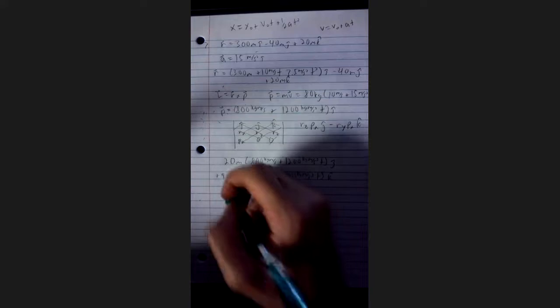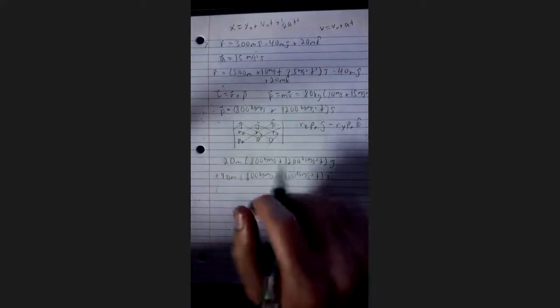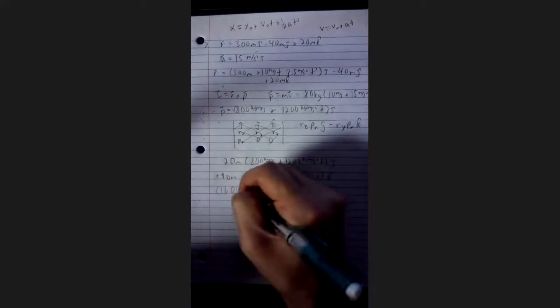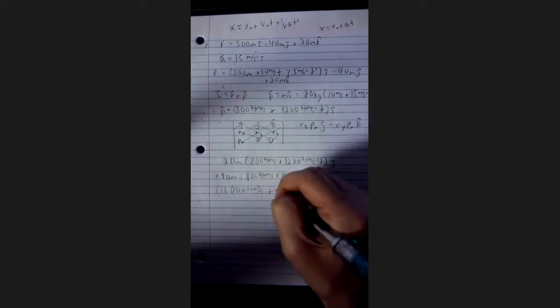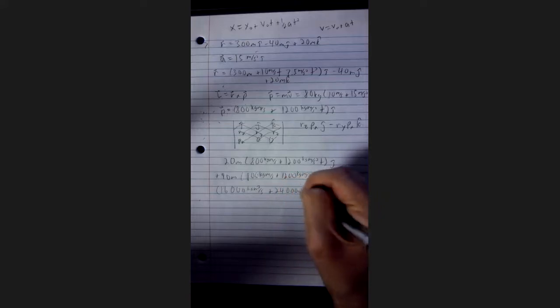So what are we left with? We have 16,000 kilogram meters squared per second plus 24,000 kilogram meters squared per second squared times time in the y direction.